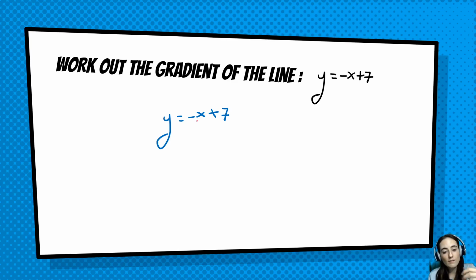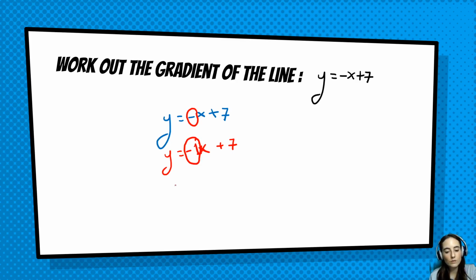So here we have minus 1x. Even though you don't see it, it's actually an invisible minus 1x plus 7. So since that is the case, our coefficient, our m, is the one that is attached to x.